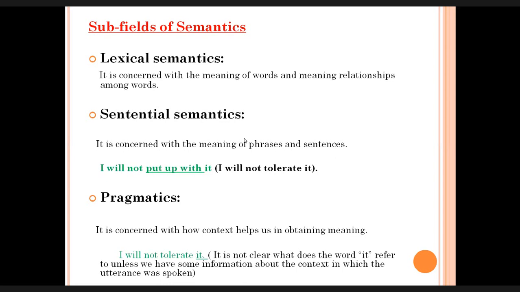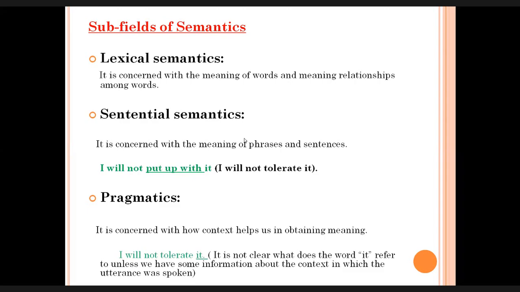Sometimes you will not get the meaning of an utterance by looking at the meaning of words or phrases. Here, lexical as well as sentential semantics will not help you in obtaining meaning.